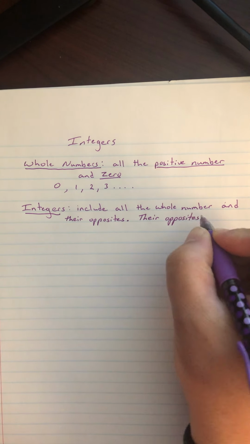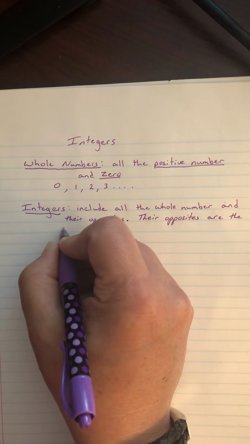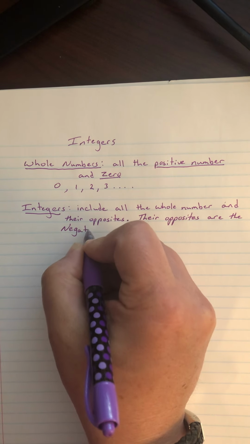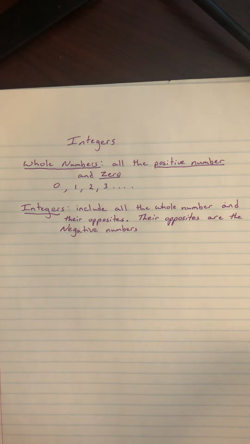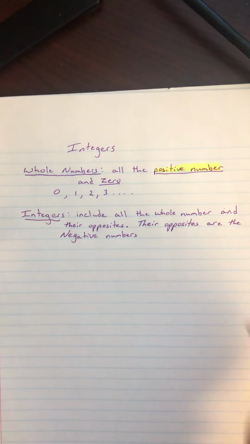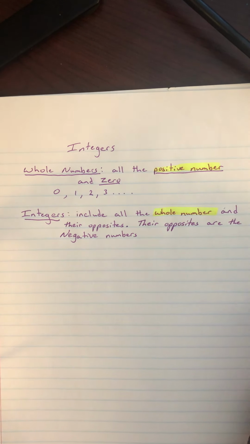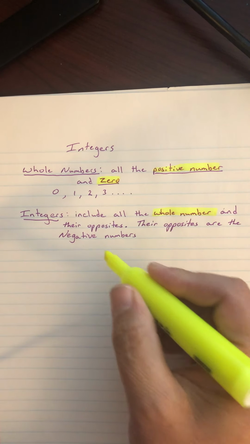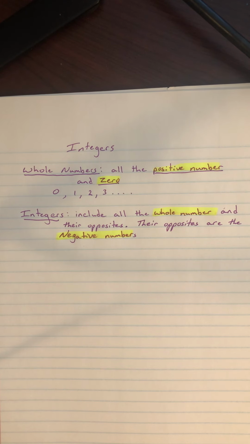Their opposites are the negative numbers. Okay, so when we're talking about whole numbers, they are just the positive numbers. Integers are all of those whole numbers, all those positive numbers, 0 included, and all of the negative numbers. Okay, so they are the whole set. They're all the numbers, no fractions, no decimals. We're not talking about those right now. We're just talking about normal counting numbers.